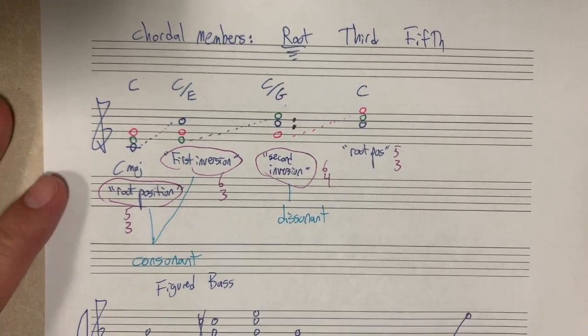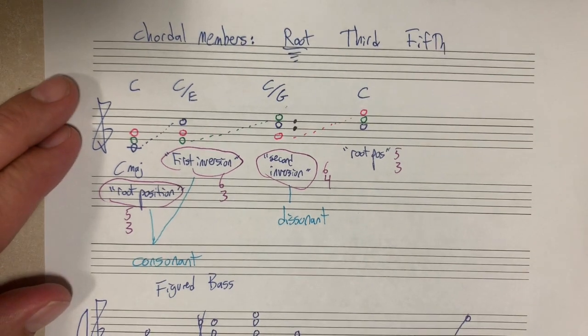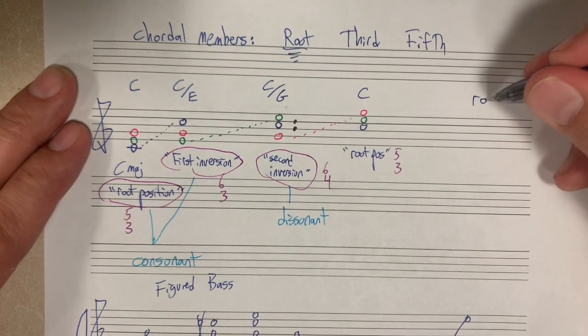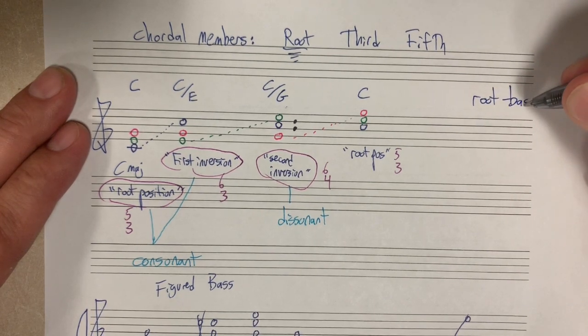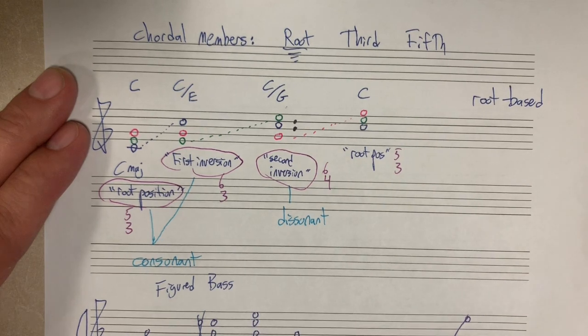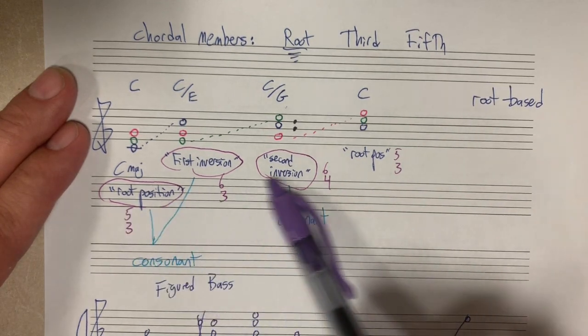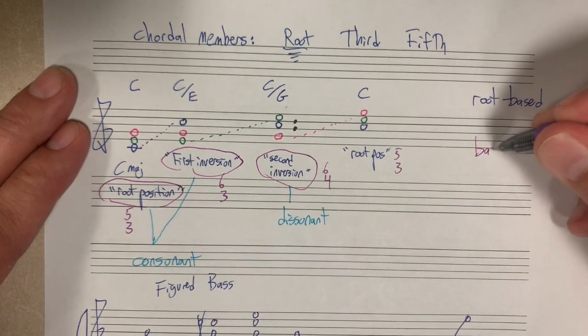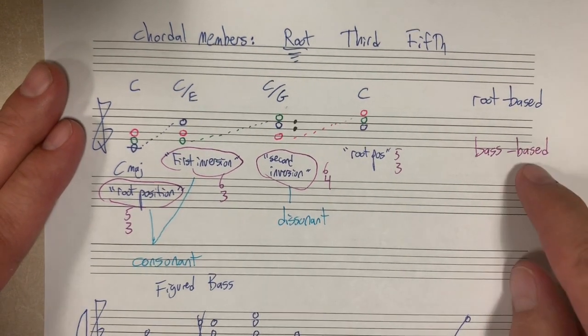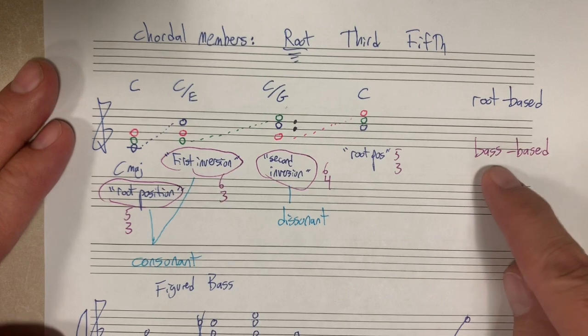Back in the olden days, they didn't think in terms of the root. See, so today we have kind of a root-based naming strategy. But in the olden days, in the language of figured bass, it was a bass-based strategy. That sounds funny to say, right? Bass-based.